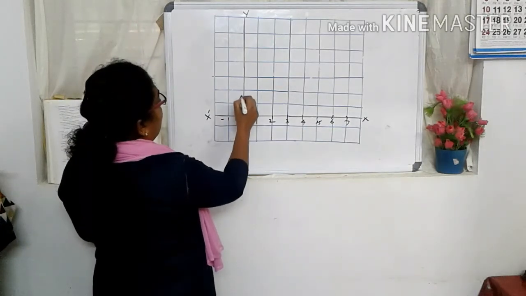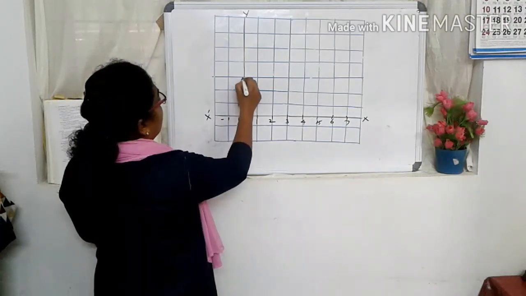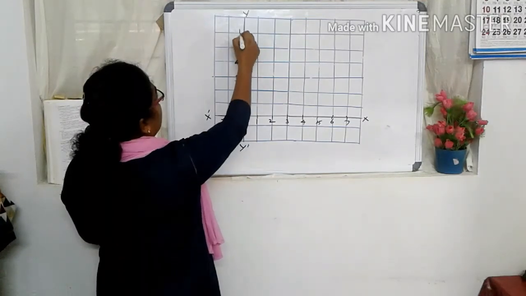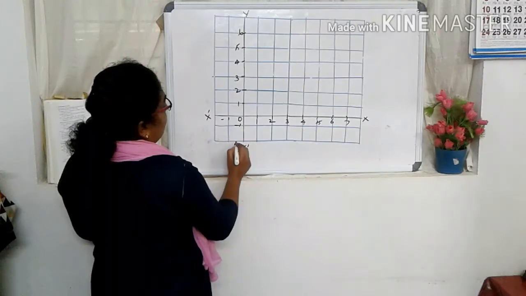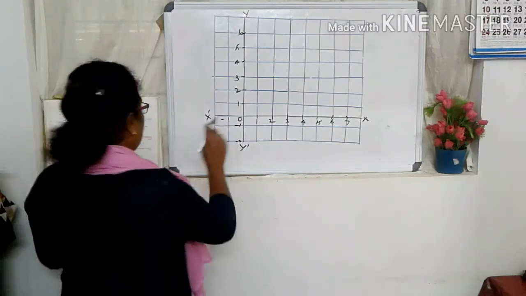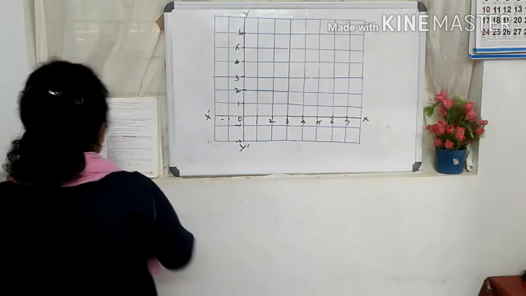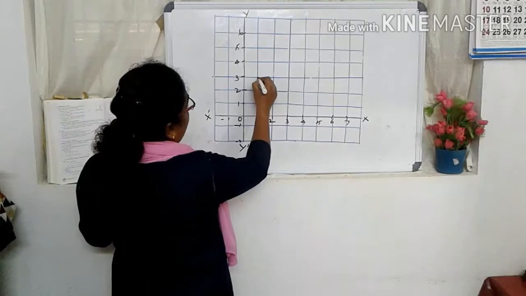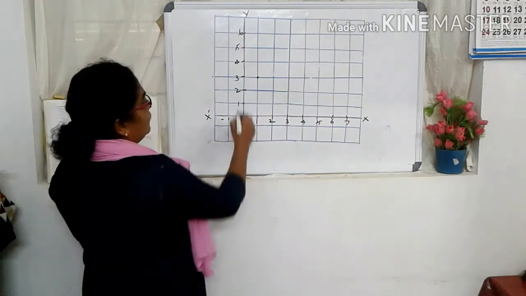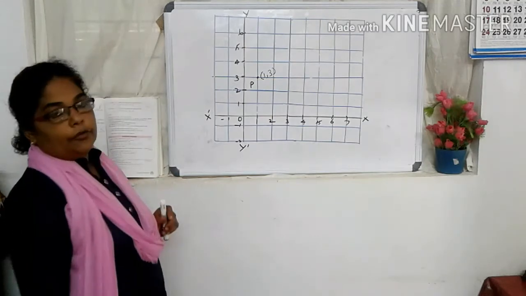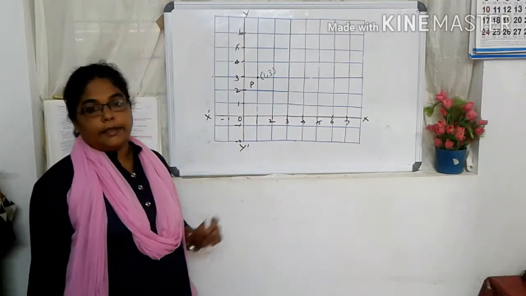And here the y coordinate 1, 2, 3, 4, 5, 6, and here -1, -2, etc. Now we are marking a point on this Cartesian coordinate plane. One point P. For example, this is the position of the point P. So the coordinate of P is (1, 3).